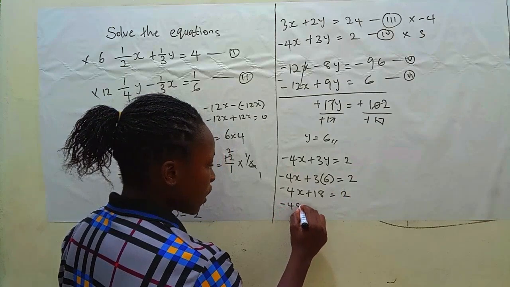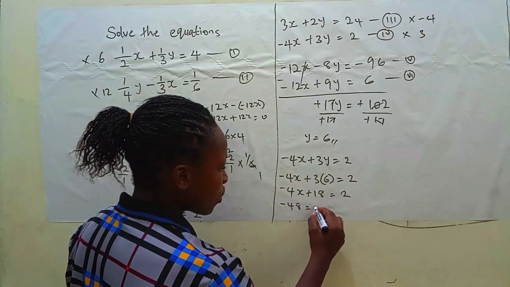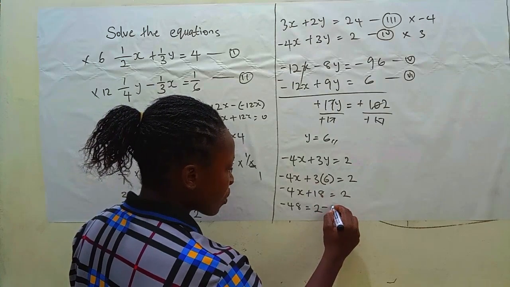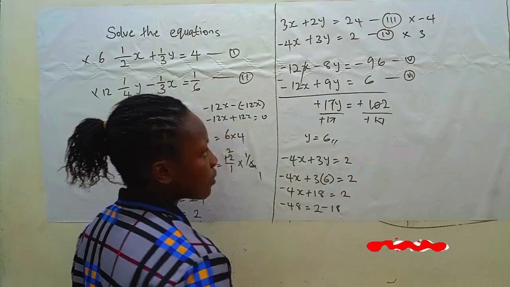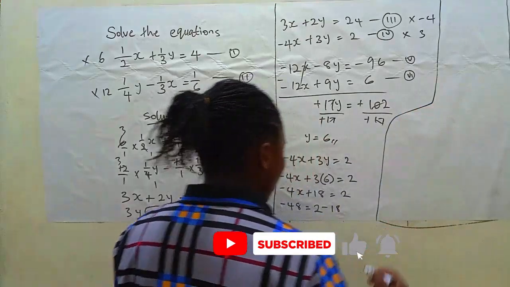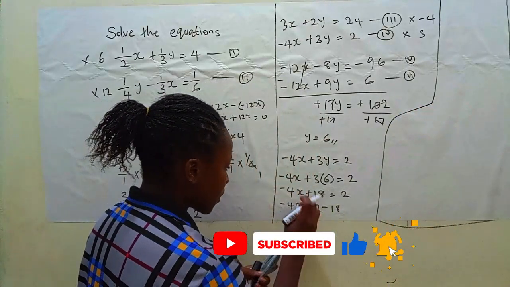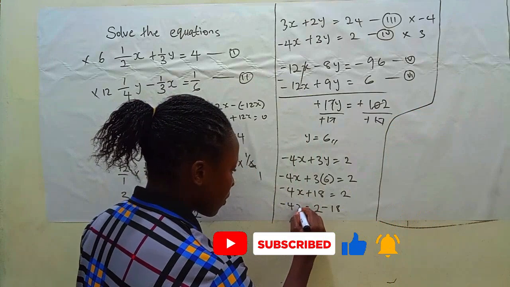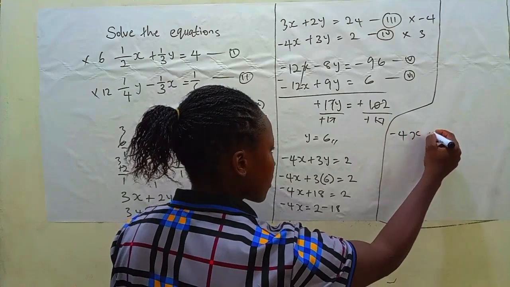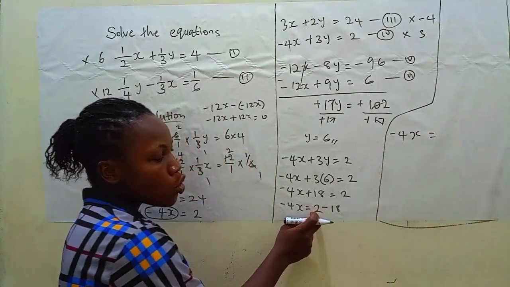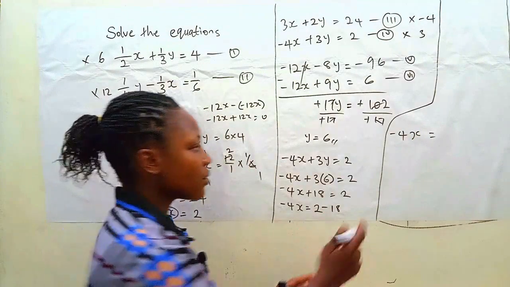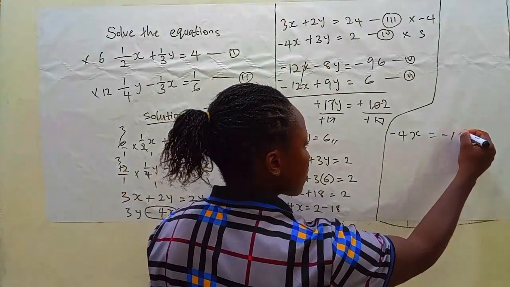Minus 4x equals 2 minus 18, which gives us minus 16.